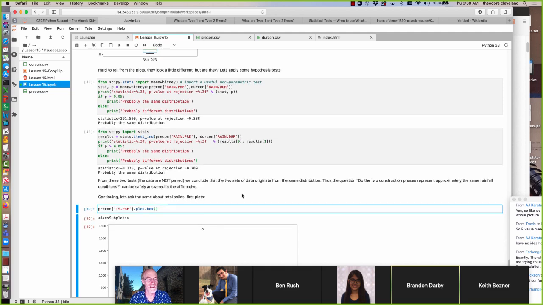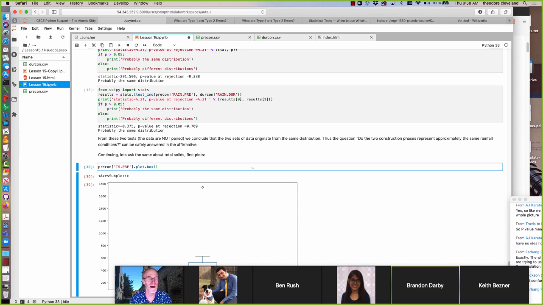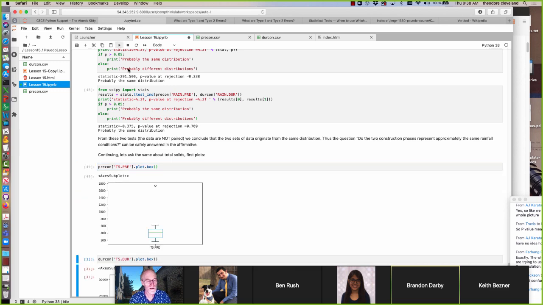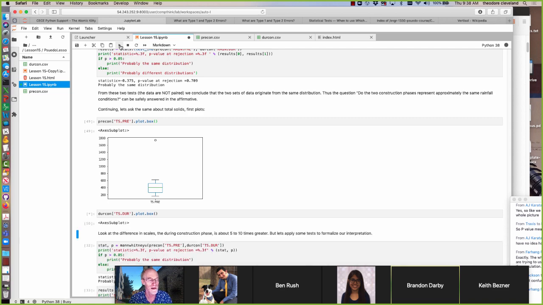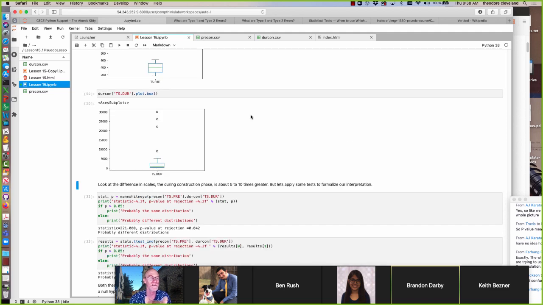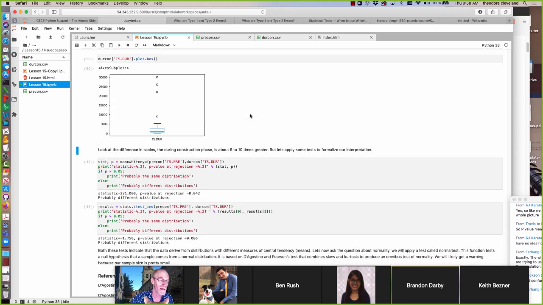Now let's continue and ask the same question about total solids. We proceed the same way. Keep in mind the cite, copy, modify, run acronym that we use. That's all that's going on here. We look at pre-construction and during construction, and the pictures look quite different. The scales are quite a bit different.